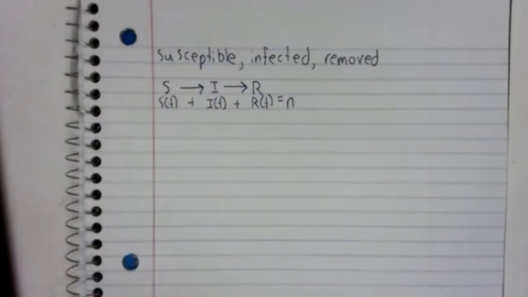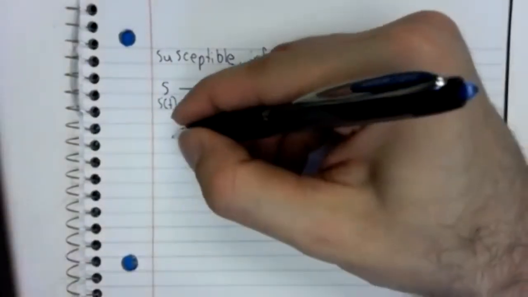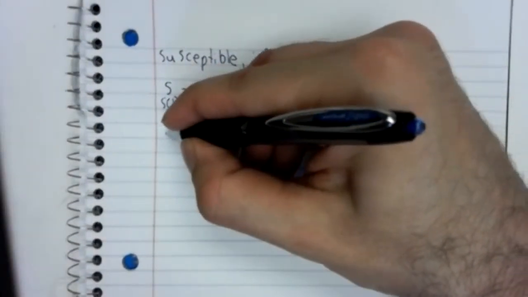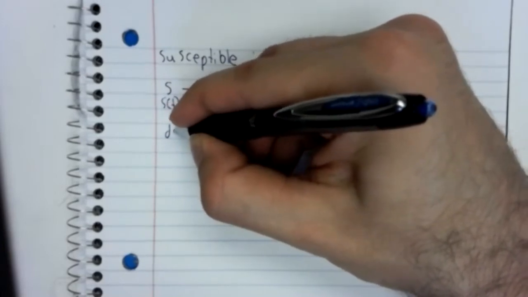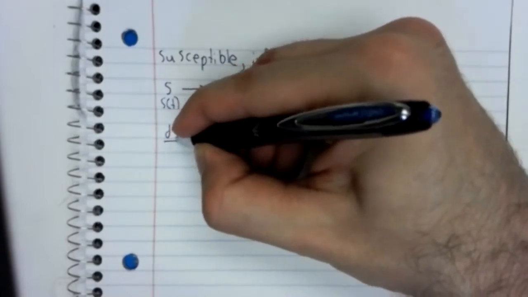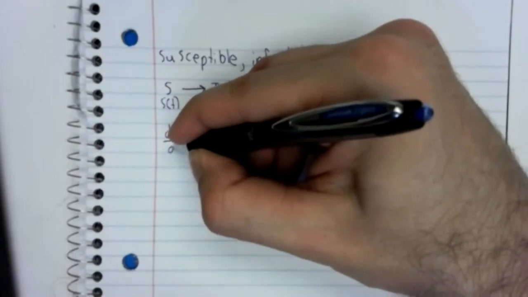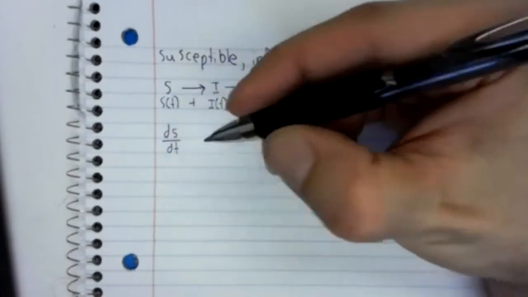How does S change with time? That is, what's dS/dt?